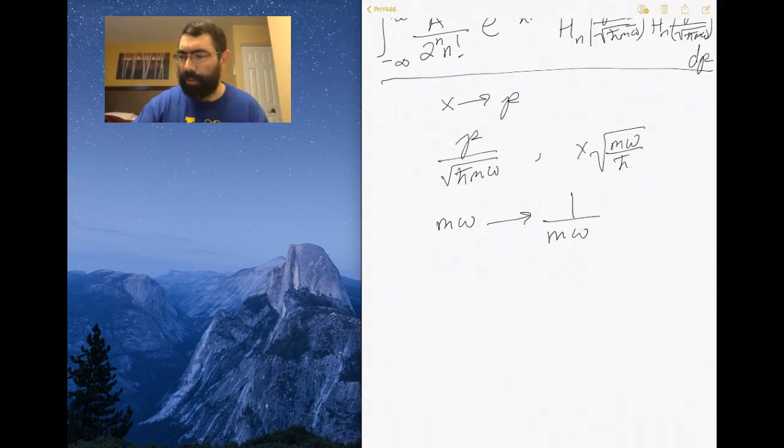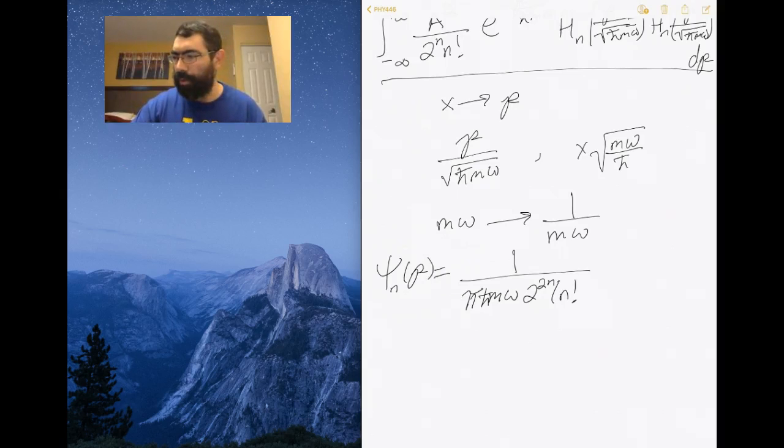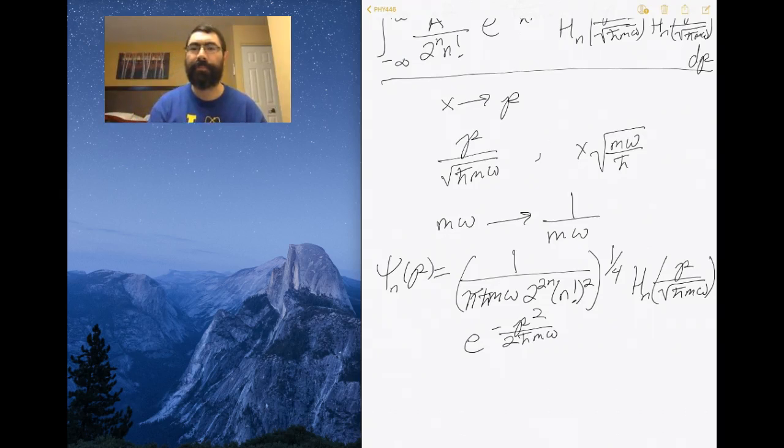So when we do that, we get a wave function with the normalization constant 1 over pi h bar m omega 2 to the power 2n n factorial squared, all of this to the 1/4 power, times the Hermite polynomial in terms of momentum, times e to the minus p squared over 2 h bar m omega.